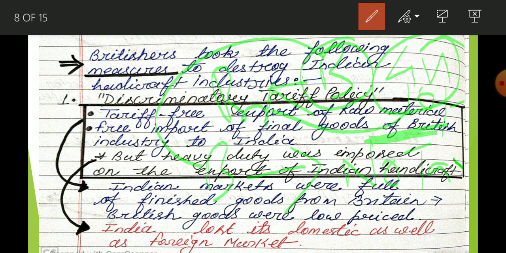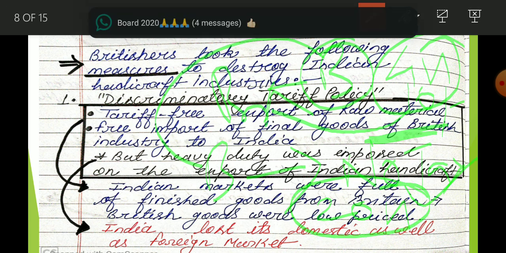So suppose they have fixed the price of a finished good at 20 rupees per x. There is no tax, so in this way they are able to sell this product at 20 rupees.